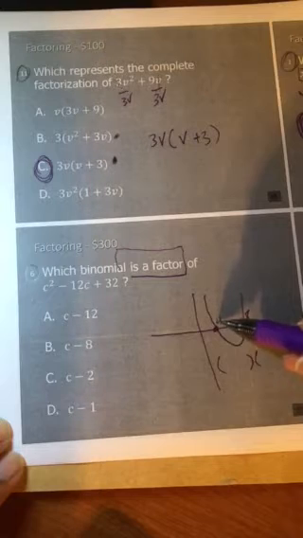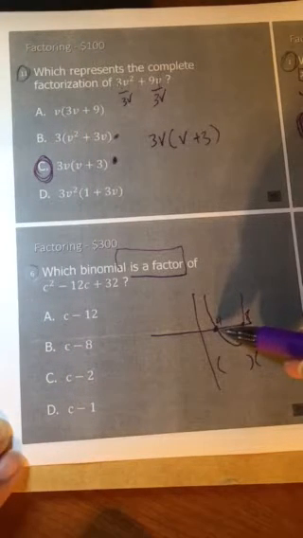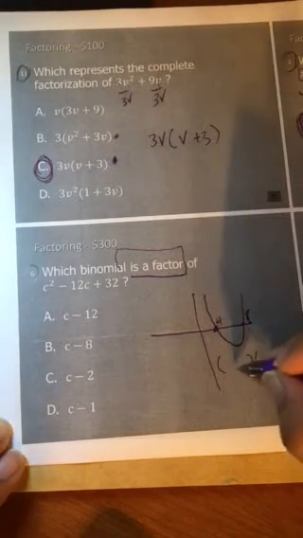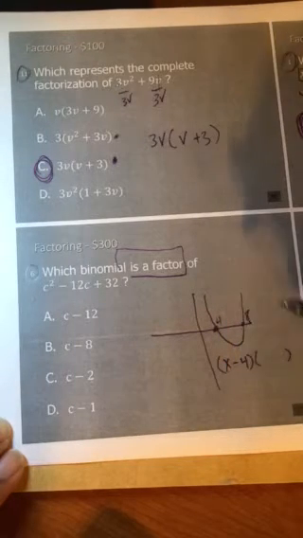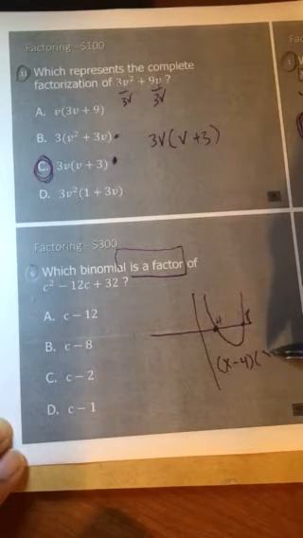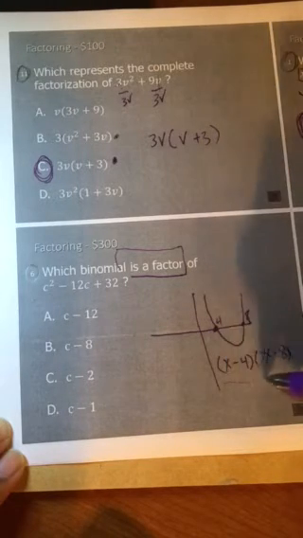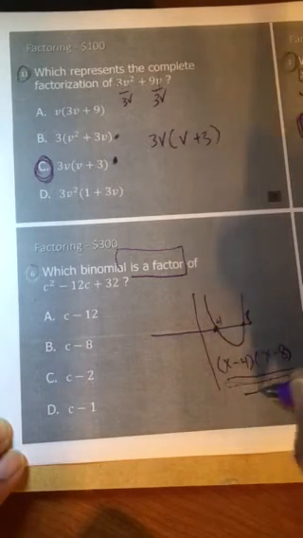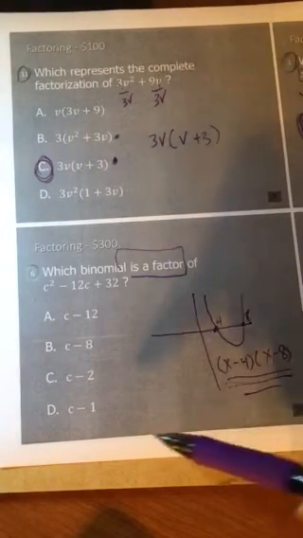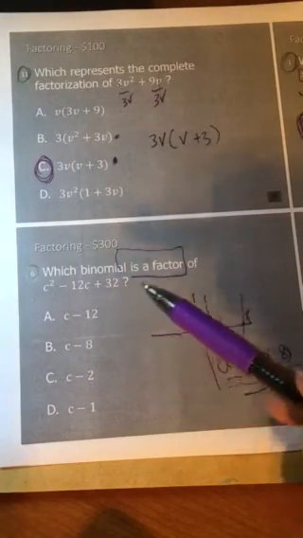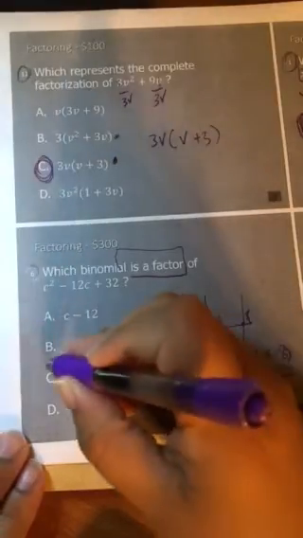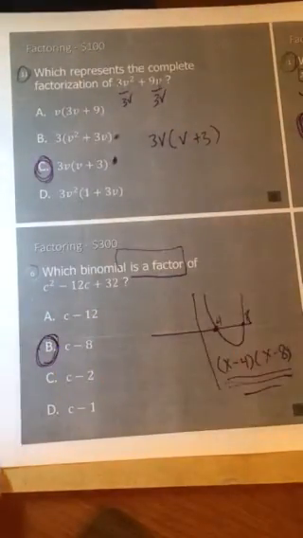So if this is a negative 4, it would be a positive 4. But since it's positive, it's going to turn into a negative. And the same thing with this one. This is positive, so it'll turn into a negative. So this is the factored form. Now, if we look at our answer choices, the one that gives us that is B.